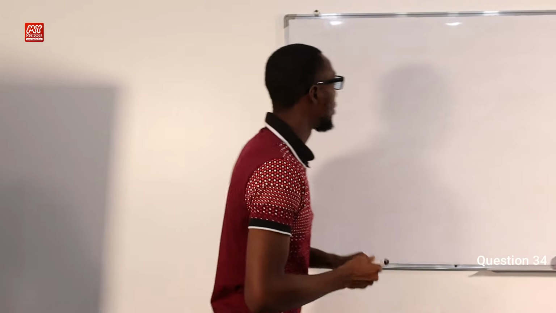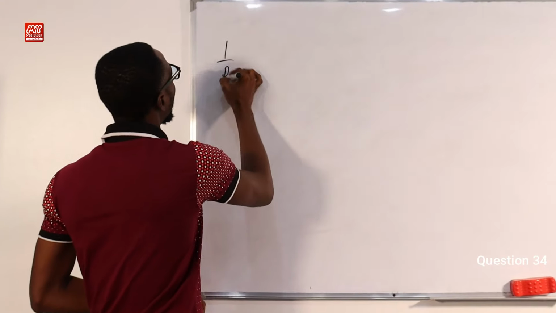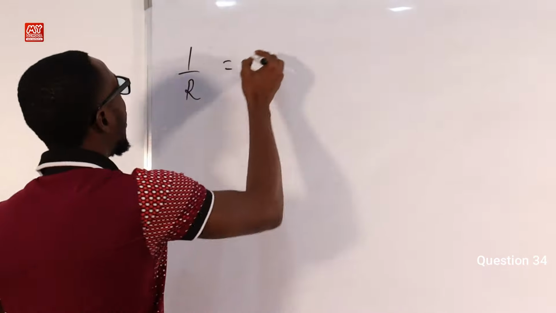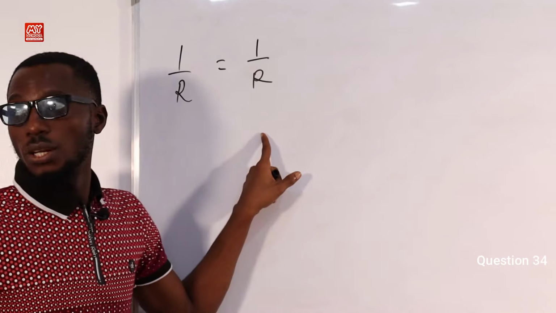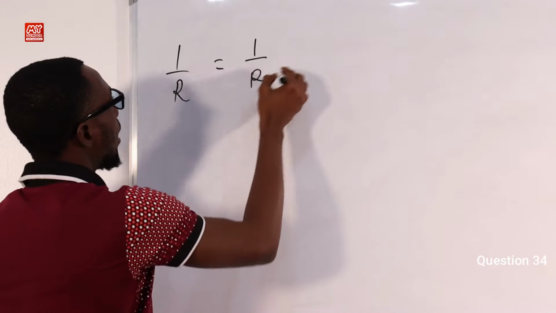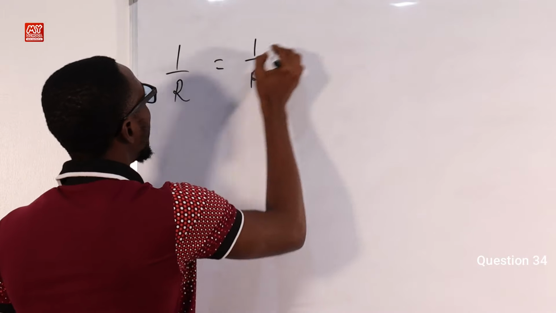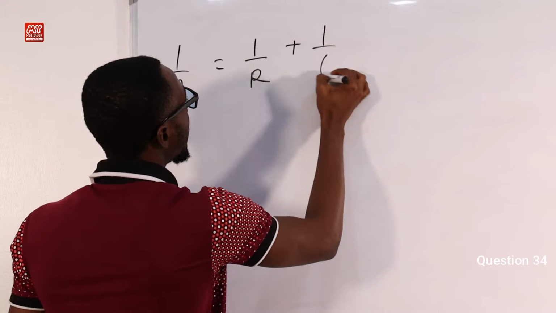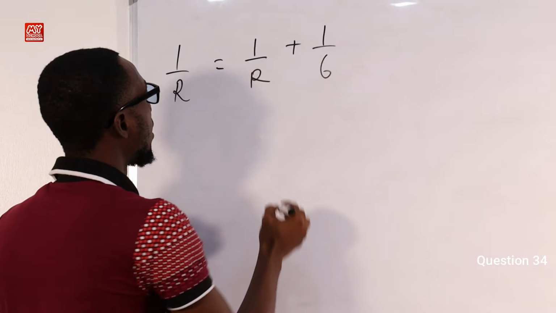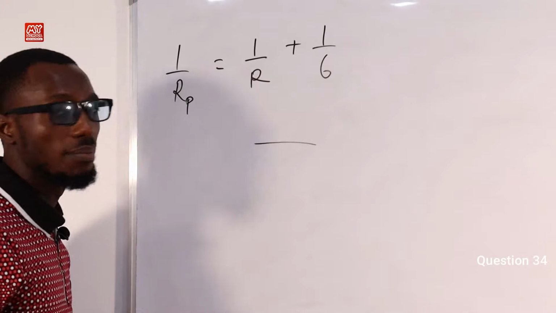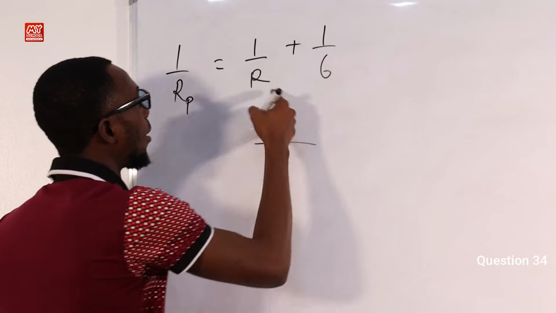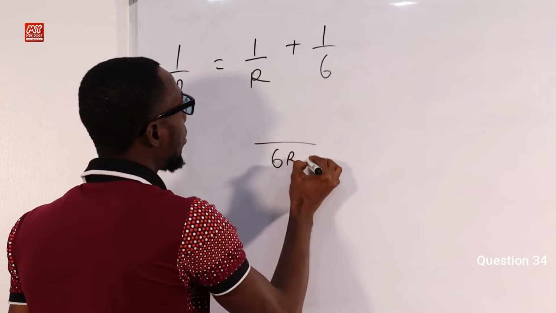So for the parallel arrangement, we have 1 over R equals, okay, this is the value we are given here, plus 1 over 6. Let me represent this with RP, resistance in parallel, to differentiate it from here. When we find the LCM, the LCM is 6R.